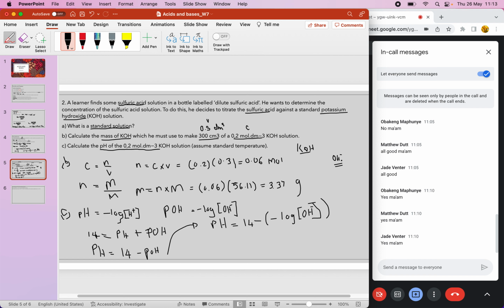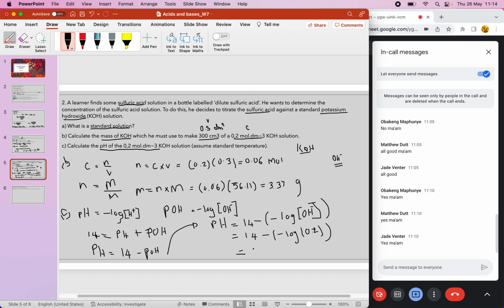Hence the concentration of OH in this case is going to be 0.2, and you just substitute it. So you're going to have 14 minus log 0.2.